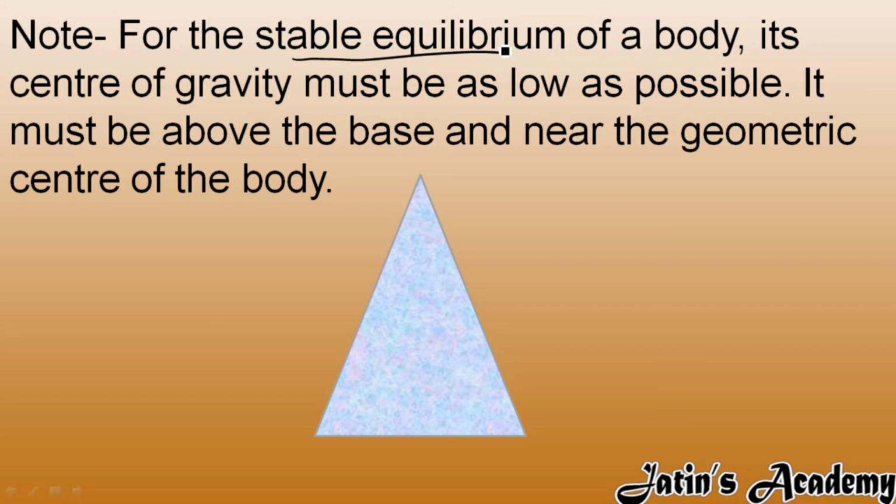For stable equilibrium, the center of gravity must be as low as possible and near its geometric center. For example, this is a regular body, a triangle, we have a geometric center, for example at this point. So the center of gravity must be as near as possible and it must be above the baseline. These 2 conditions must be satisfied for a body to be in stable equilibrium.